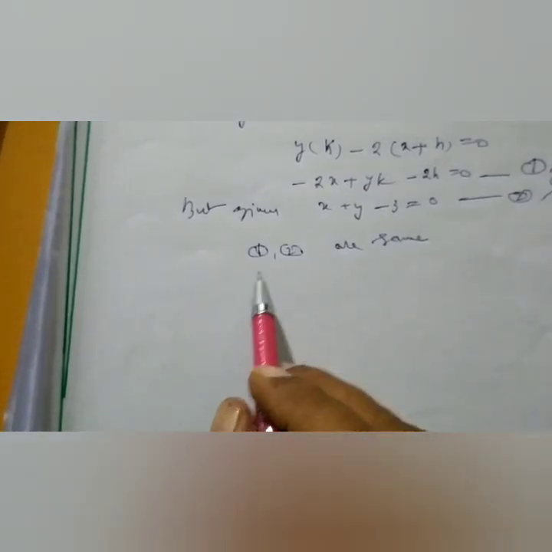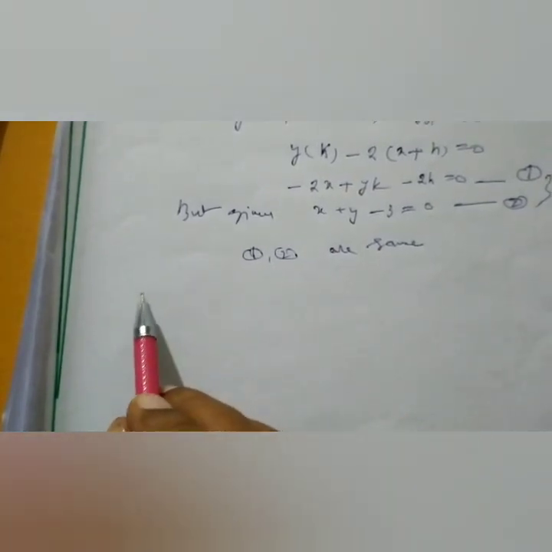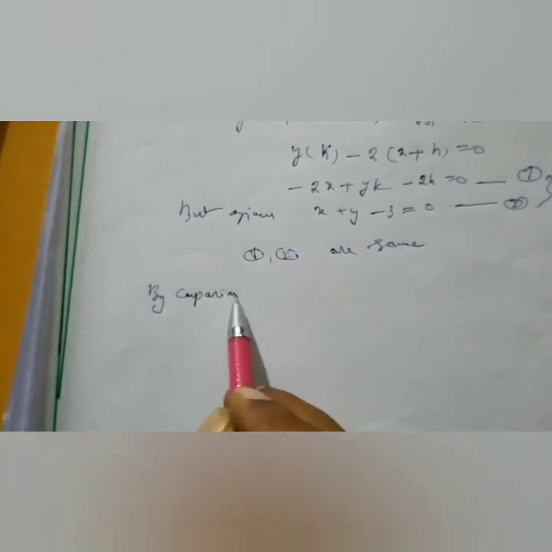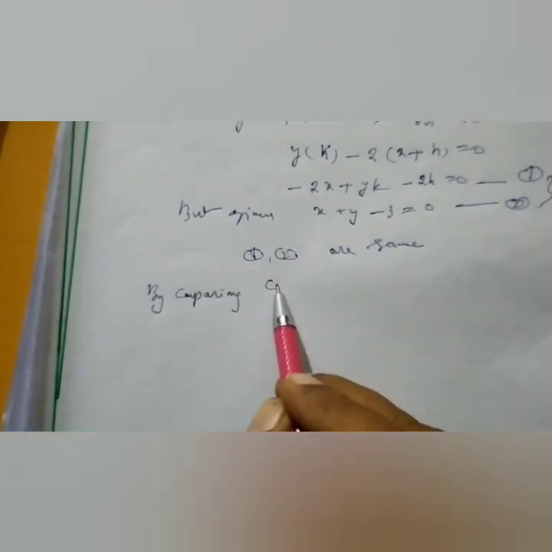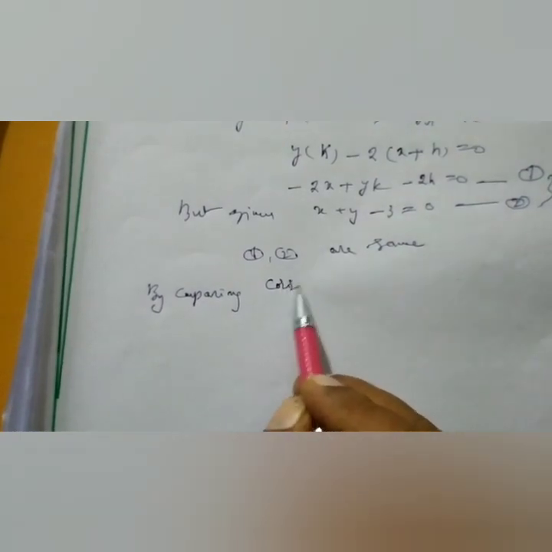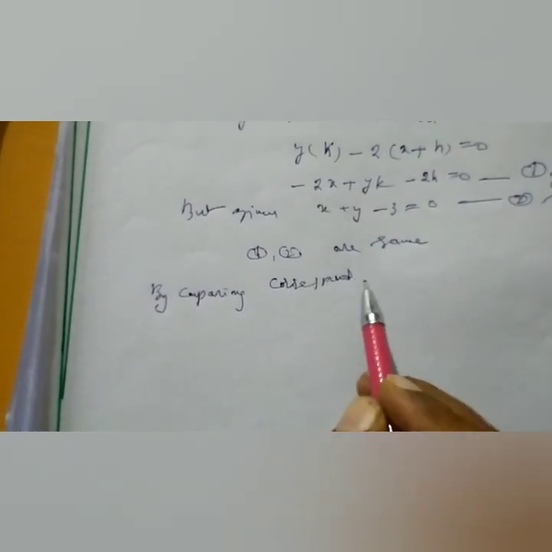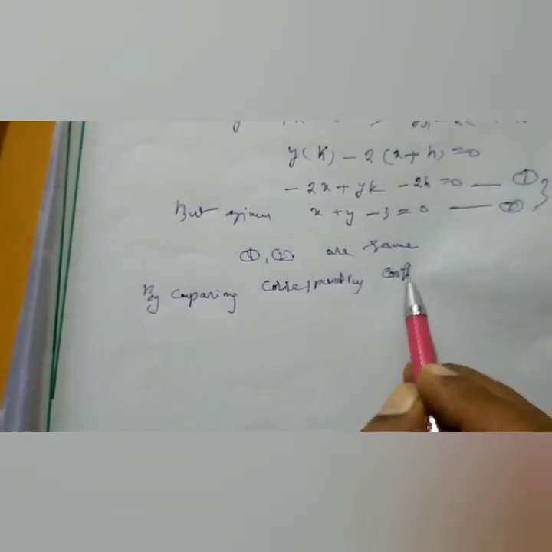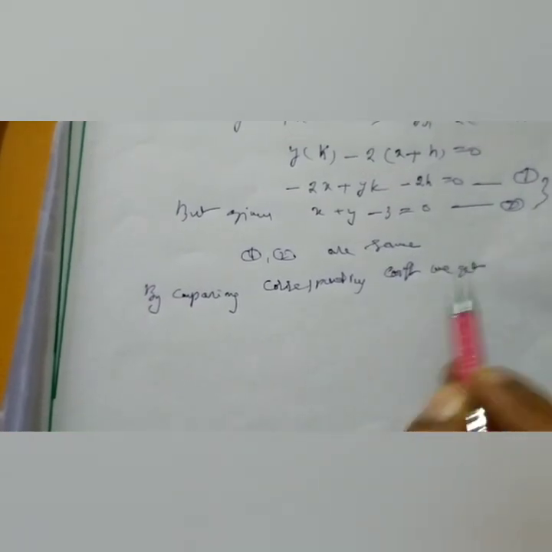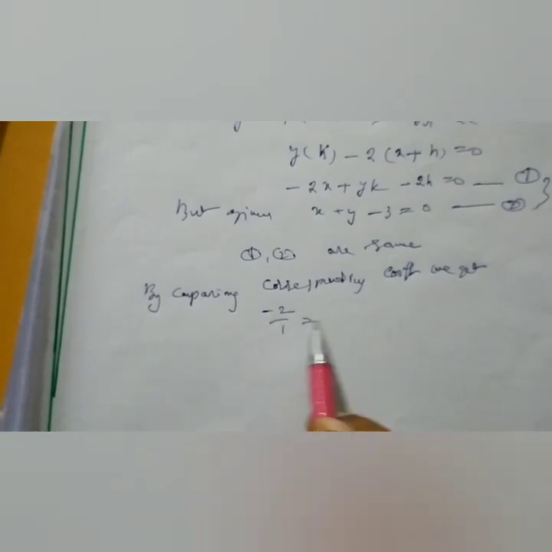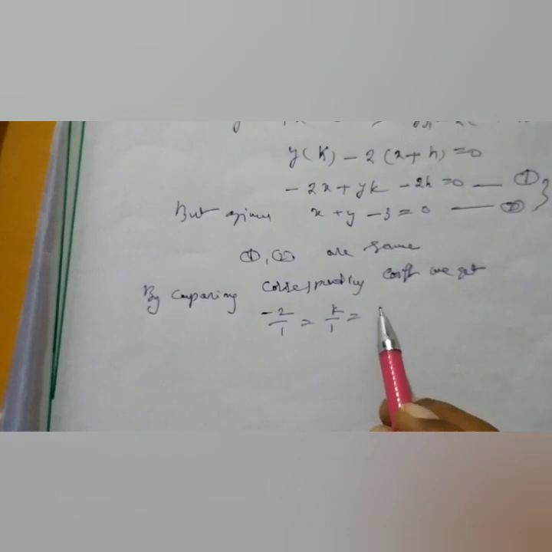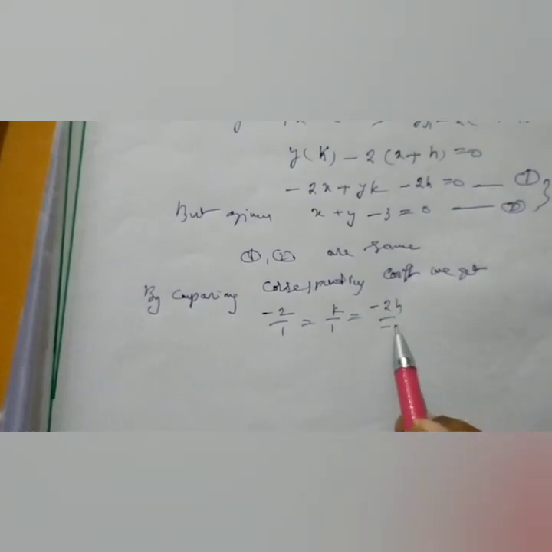Therefore, by comparing corresponding coefficients, we get minus 2 by 1 is equal to k by 1 is equal to minus 2h by minus 3.